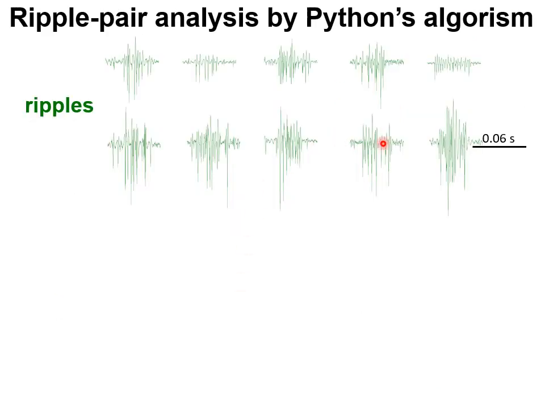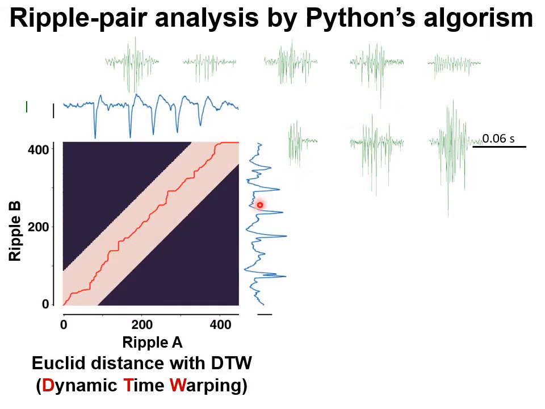Because the recorded ripples were all different, I hypothesized that the ripples encode the experienced episode. In the present study, using a Python algorithm, we comprehensively analyzed the similarity of ripple pairs. In the dynamic time warping method, the program allows changing the time by 20% of the total.